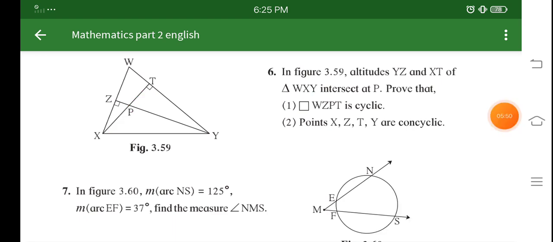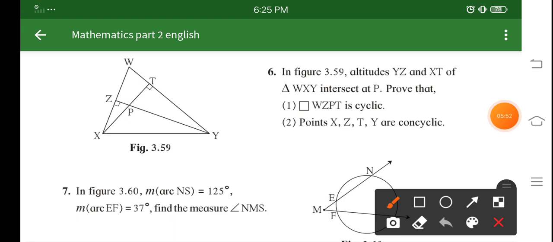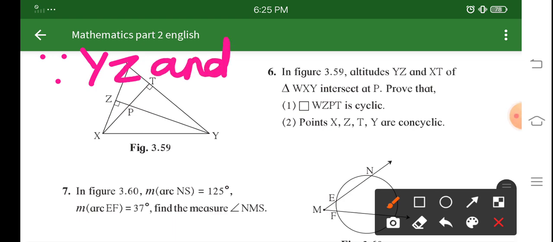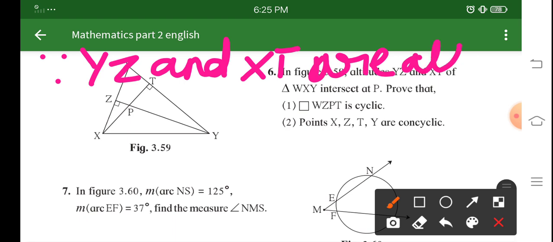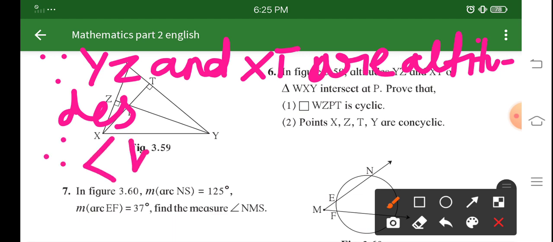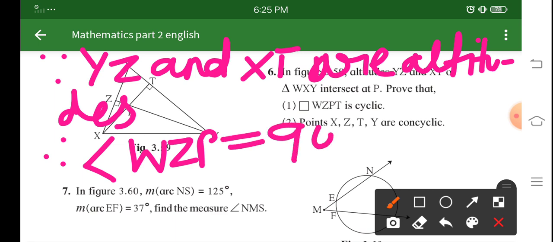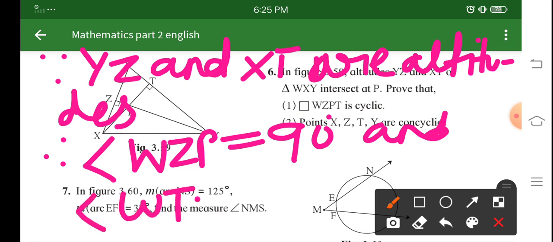Okay, let's get started. So what you have to write over there, just write: since YZ and XT are altitudes, therefore angle WZP is equal to 90, and another angle WTP will be 90.